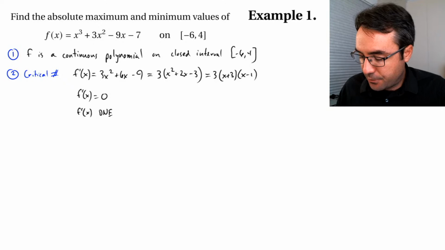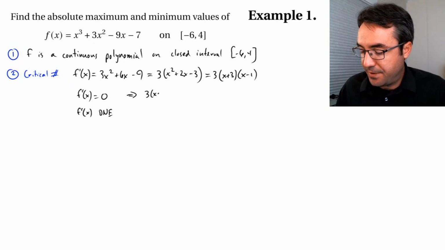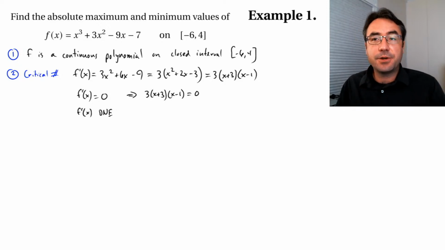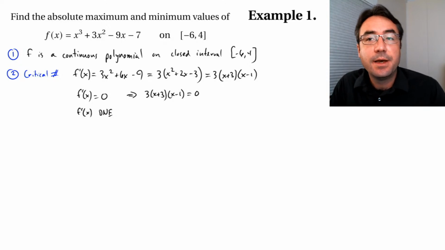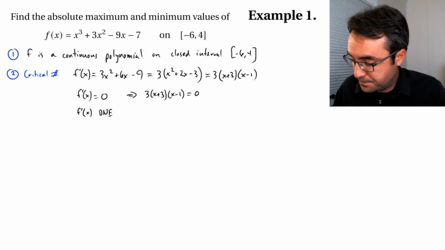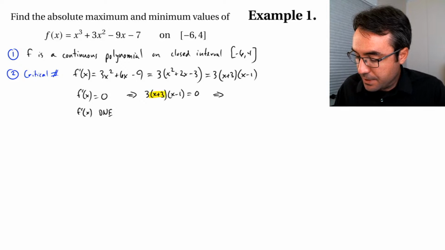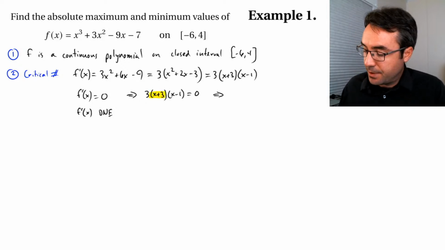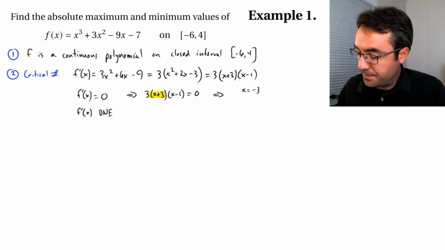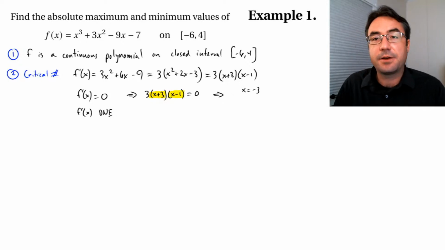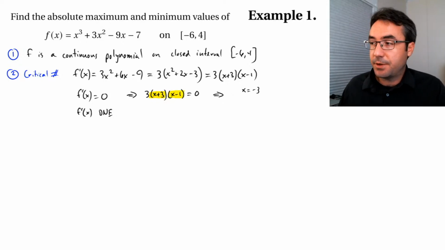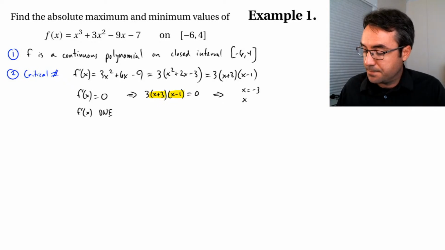First I'm going to set my derivative equal to 0. With it factored, each of those factors gives me a critical number. The factor x plus 3 gives me the critical number x equals negative 3. And then the factor x minus 1 gives me the critical number x equals 1.